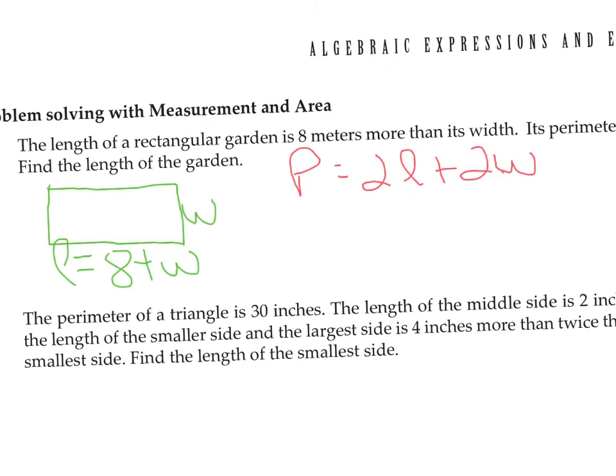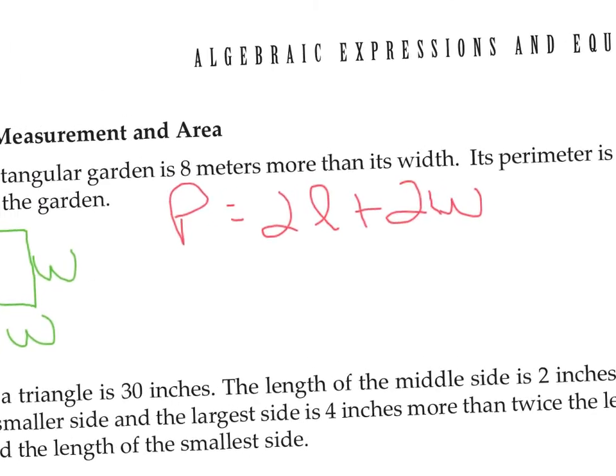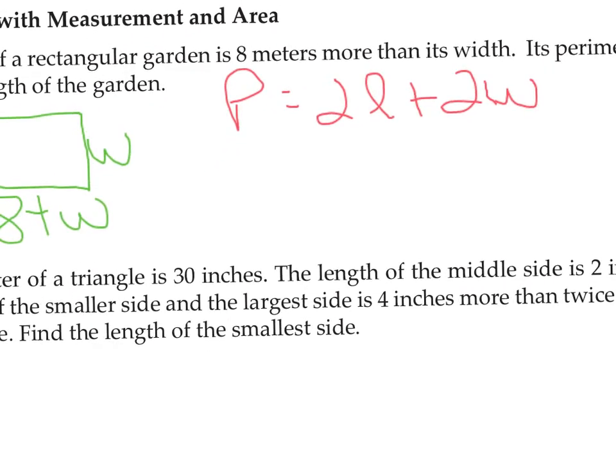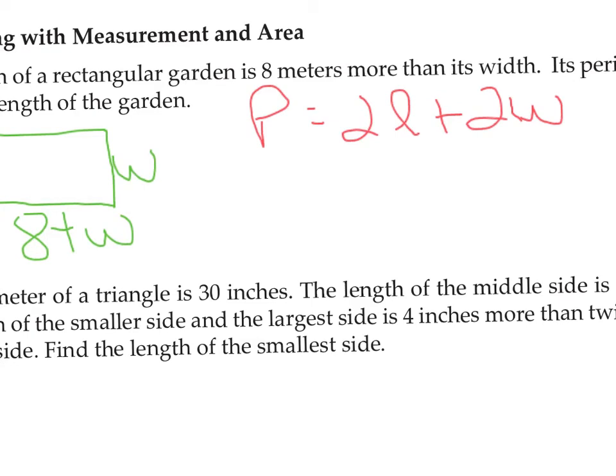Since the perimeter is 76, we can put a 76 here. Since the length was 8 plus W, we can put that here instead of length. So we're going to have 2 times 8 plus W plus this 2W that's down here at the end.